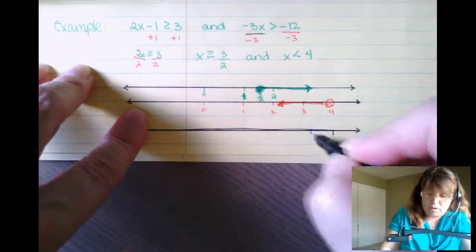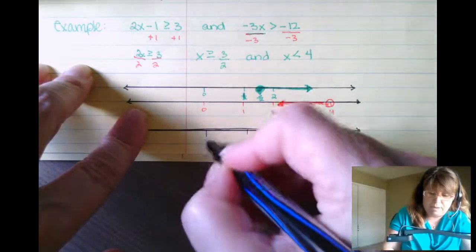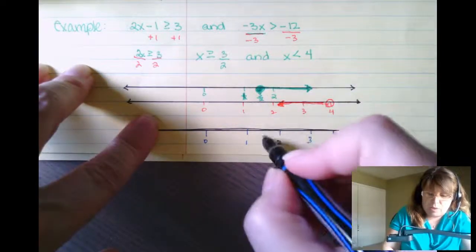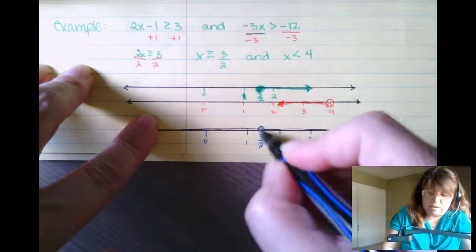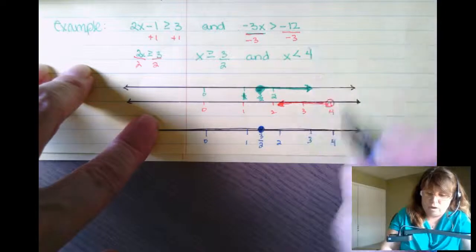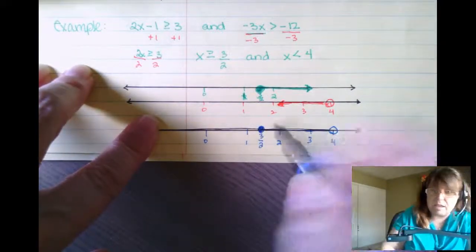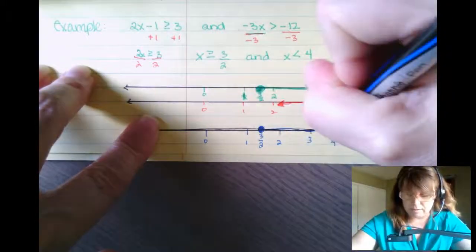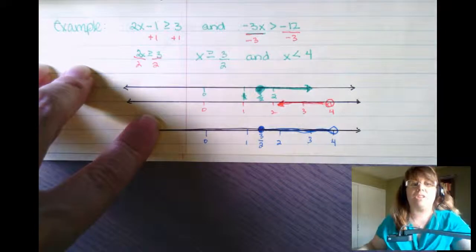So 4, 3, 2, 1, I'm just labeling some. 3/2, and it is a solid circle, to 4, which is an open circle, and everything in between would be our solution set for this problem.